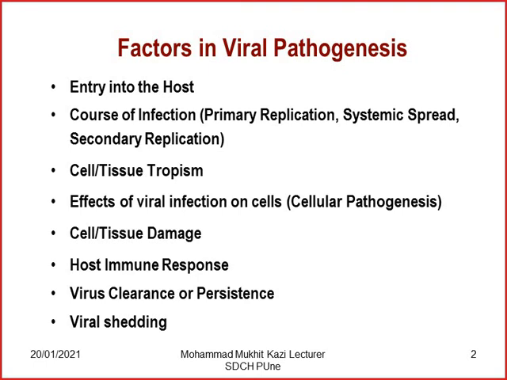The virus either gets cleared or still persists in the host, because the host immune response is not capable of removing these viruses from the body. So the virus must have some very dangerous antigenic determinant or virulence factor which makes it persist in the host cell, and after that viral shedding occurs. So these are the different factors responsible in viral pathogenesis.